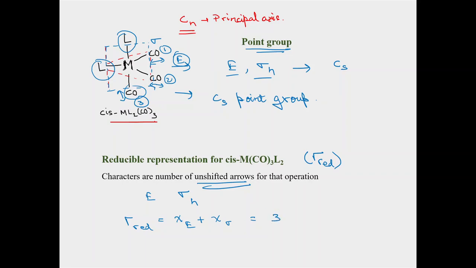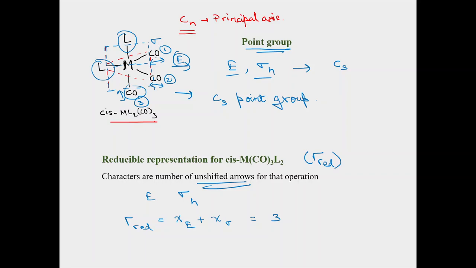Then for sigma h, this is the plane. This is the only plane present in this compound, and this plane is cutting this third CO. That means this remains unshifted, but because of the presence of this sigma plane, this 1 and 2 will get interchanged.